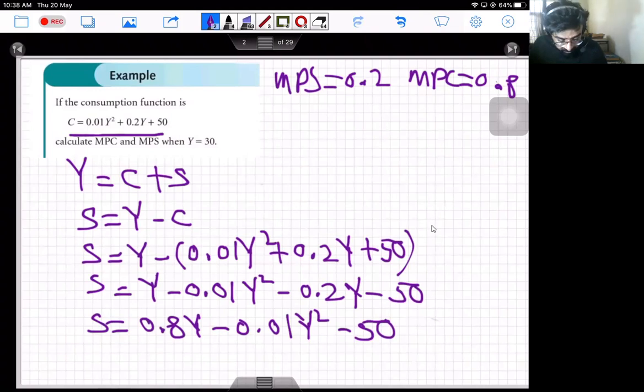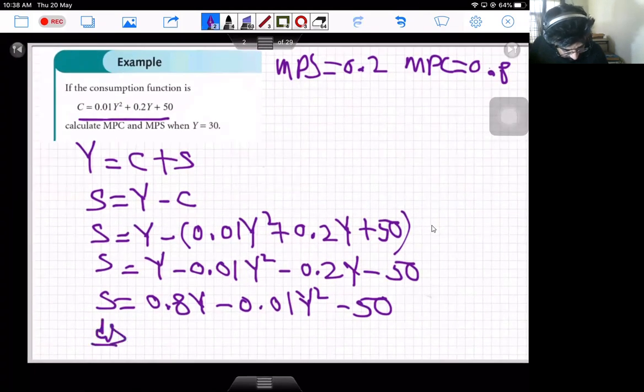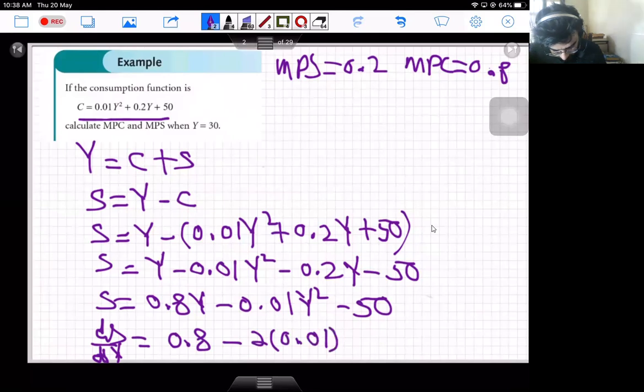Now, if we find the derivative of savings with respect to income, which is actually the MPS, and since we know that savings is also a quadratic function, the MPS, the derivative of savings with respect to income, is going to be a linear function. When 0.8Y is differentiated with respect to Y, it becomes 0.8, minus 2 times 0.01 times Y, and when minus 50 is differentiated, it becomes 0.